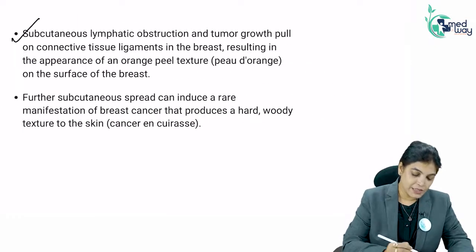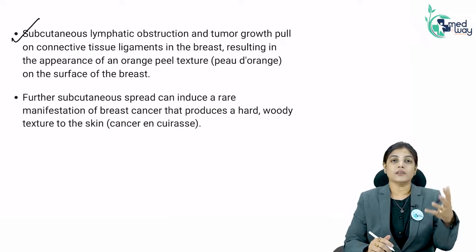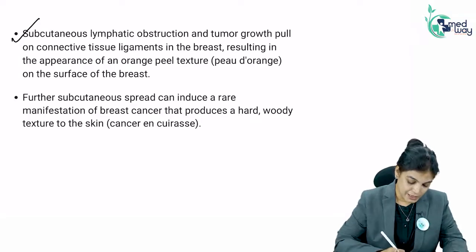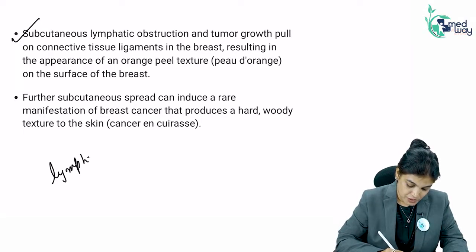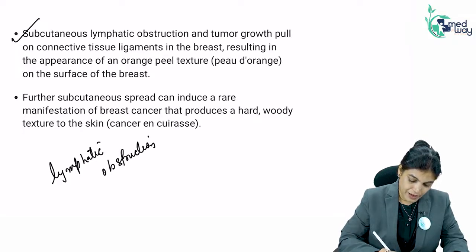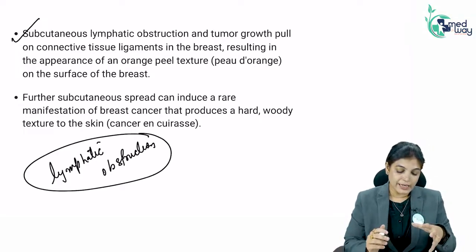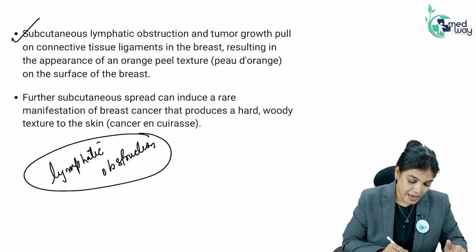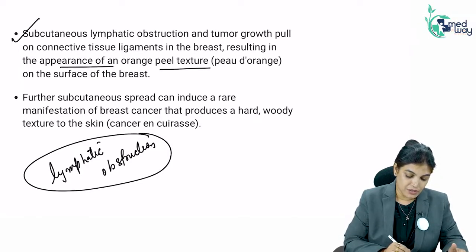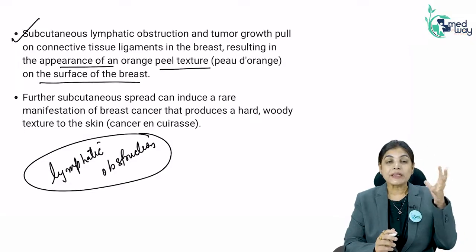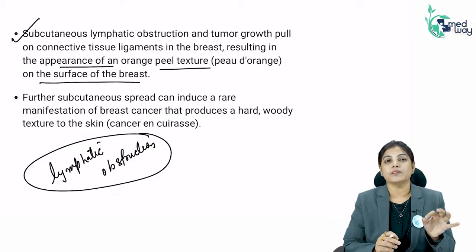Now, I would also like to talk about another clinical aspect related to the subcutaneous tissue. If there is lymphatic obstruction and tumor growth, it will pull the connective tissue and ligaments of the breast, and this will result in the appearance of an orange peel texture, called pseudo-orange appearance, or pitting of the breast.